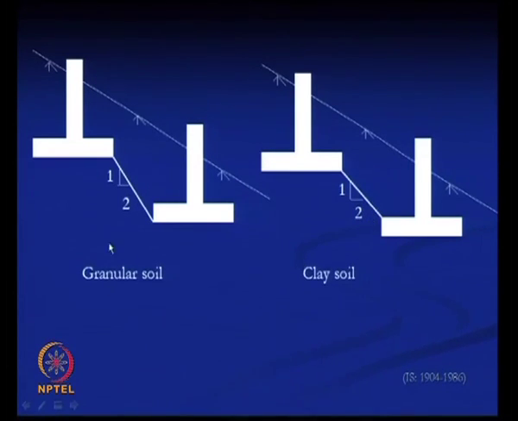So, for granular soil, it is the lower edge of the upper foundation to the lower edge of the lower foundation, and for clay soil, the lower edge of the upper foundation to the upper edge of the lower foundation. In both cases, these lines should not be steeper than 1 vertical to 2 horizontal. So, we have to place the foundation such that it follows this condition.